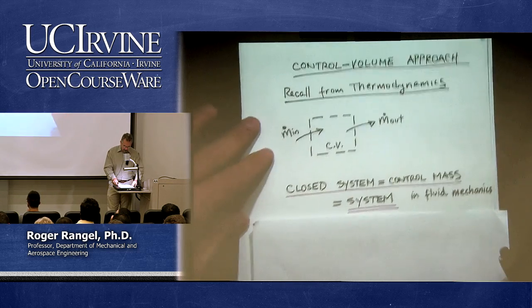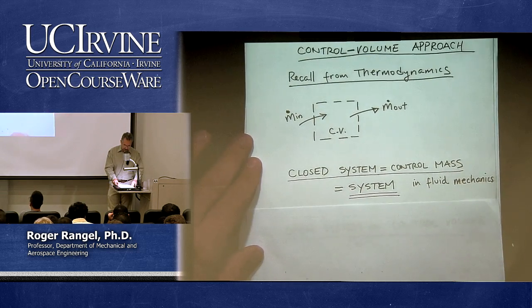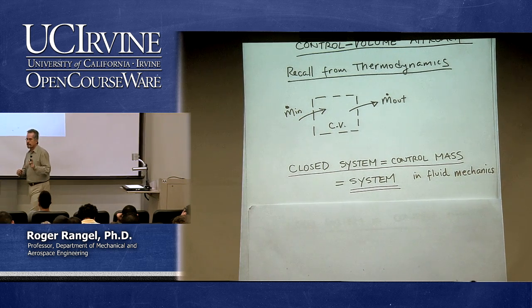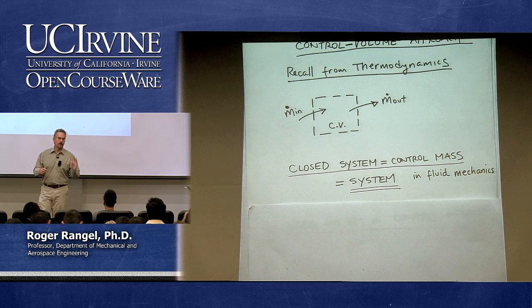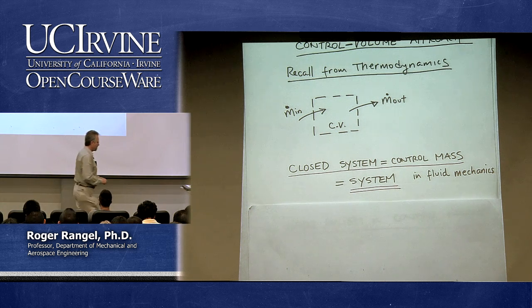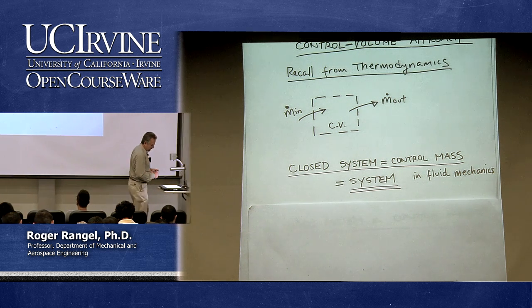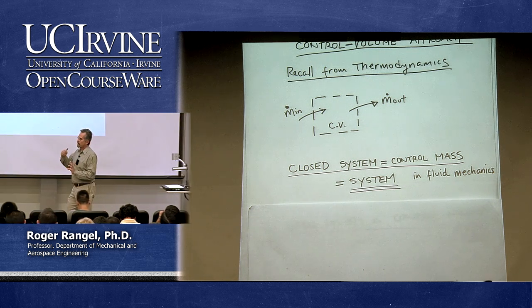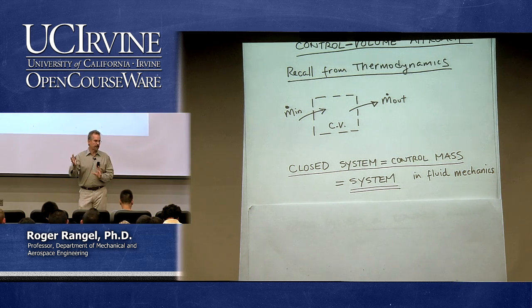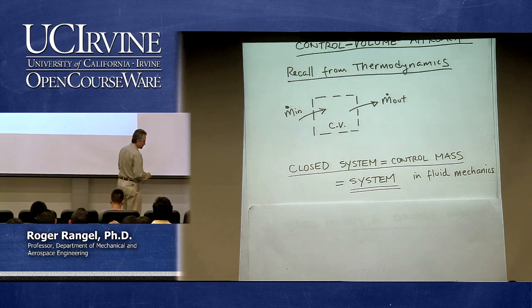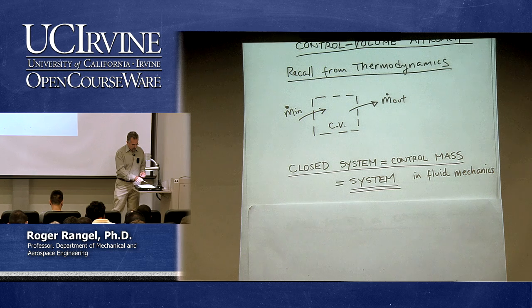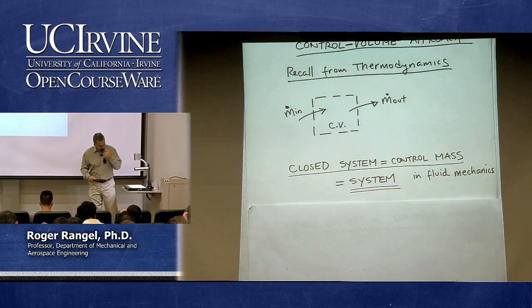Now, we usually have slightly different terminology in fluids than what we have in thermal. In thermal, we always talk about open system and closed system. A closed system in thermal is what, most of the time, we refer to in fluids as a controlled mass, since the mass doesn't change. So it's the same thing, a closed system or a controlled mass.